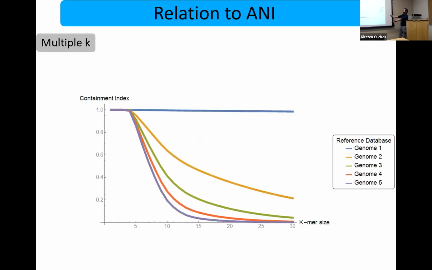So I have these plots, k-mer size versus containment index right here. Right now, I can see that they're all different shapes. All I know about them is that they're different genomes. So what I'd like to do is to be able to predict relatedness from these curves. If I see a line that looks like this, how related is genome 1 actually to my metagenome? And everything else in between as well.